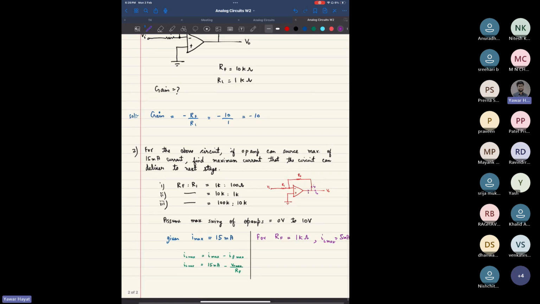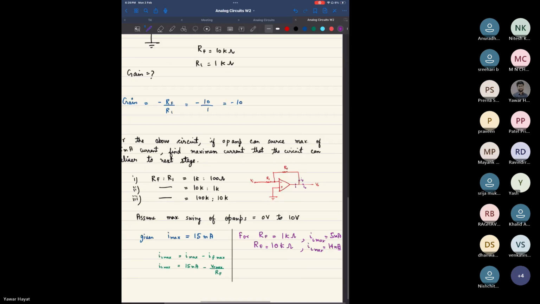And for RF equal to 10 kilo ohm, your IL max would be equal to 14 milliamp.